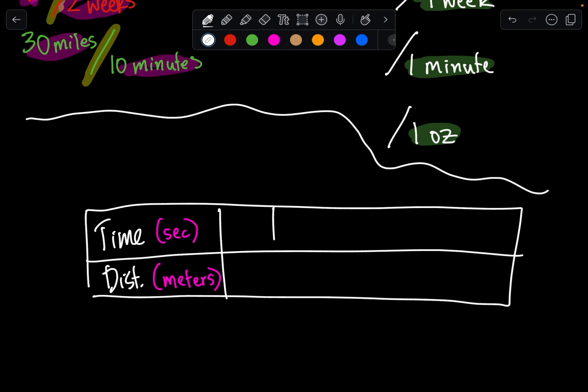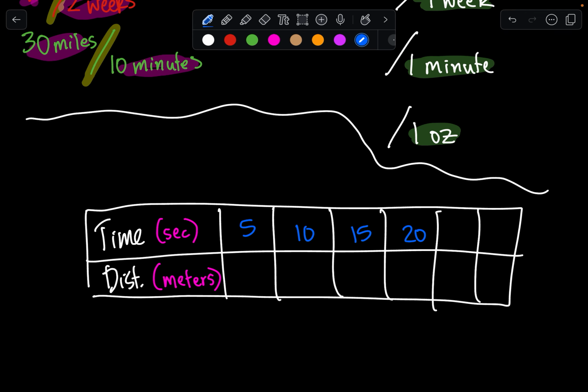So what happened is they gave you some numbers. So they said 5, 10, 15, 20, and then it looks like you added 30 because they wanted you to add 30. So hopefully what you noticed is that this was going up 5 every time.